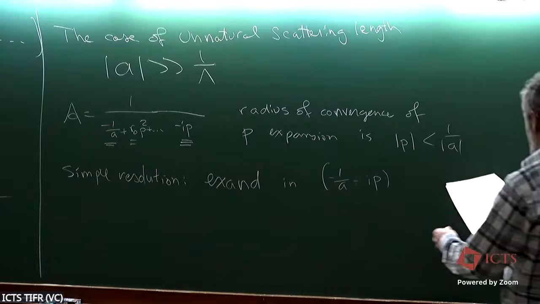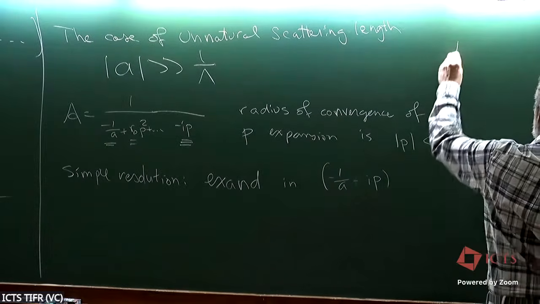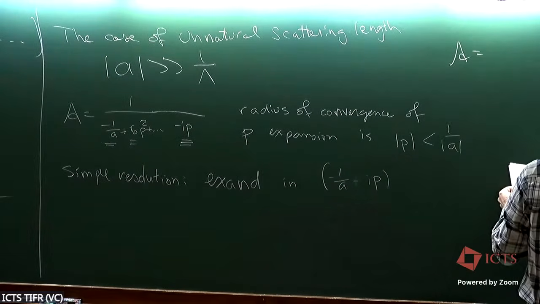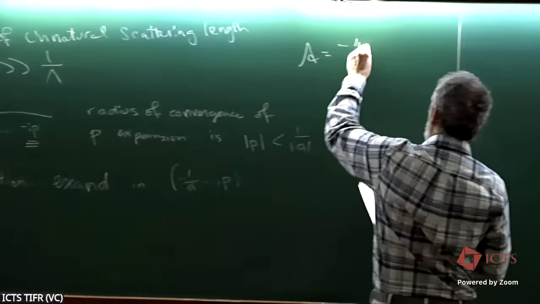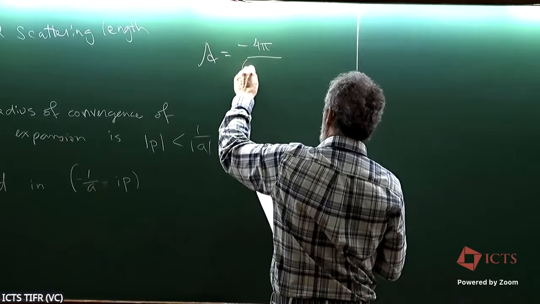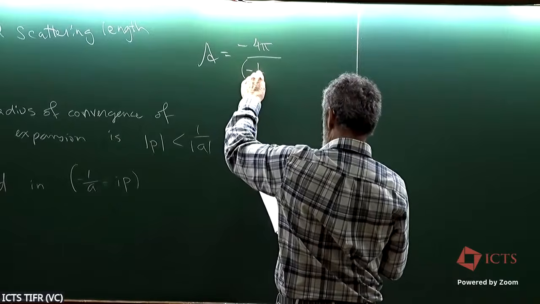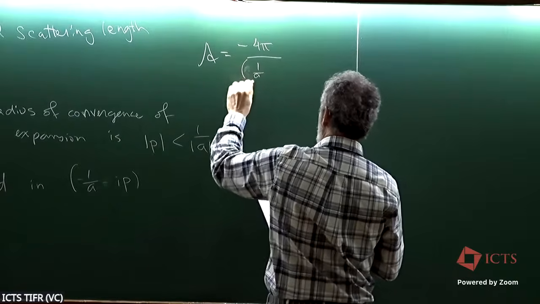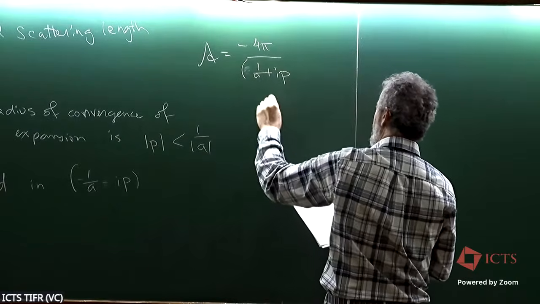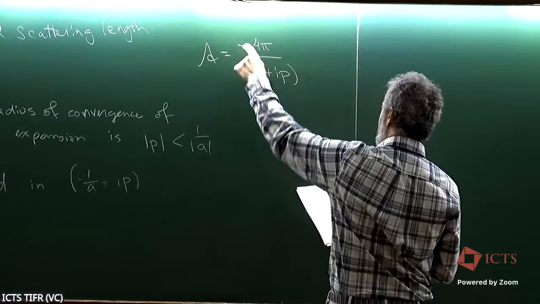And if you do that, just formally here, what you find is that your scattering amplitude could be written as minus 4 pi over minus 1 over a, sorry, I put the minus sign out, 1 over a plus ip with the minus sign out there.